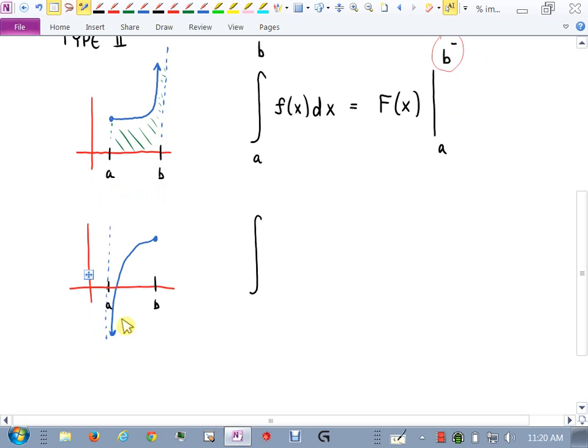So because we have a discontinuity at a, if we try to do the integral from a to b of this function, then when we find the antiderivative and evaluate from a to b, we will be able to plug b in, no issues. But at a, we're going to have to come in from which side? The right side this time. So I'll put a little plus on it. I'll just circle it to remind you that that's going to be a limit.